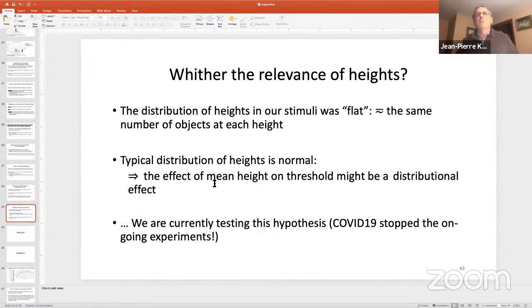The typical distribution of height is normal, like the typical distribution of grades is normal. And our suggestion is that the effect of mean height on threshold is actually a distributional effect, because of course the point of a normal distribution is that the mean is the peak of the distribution.